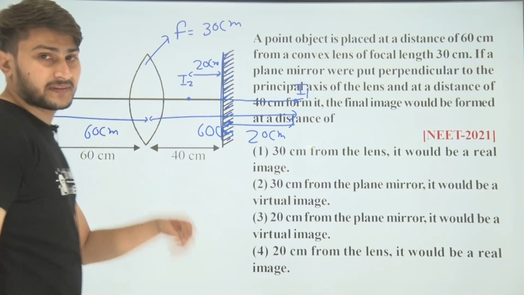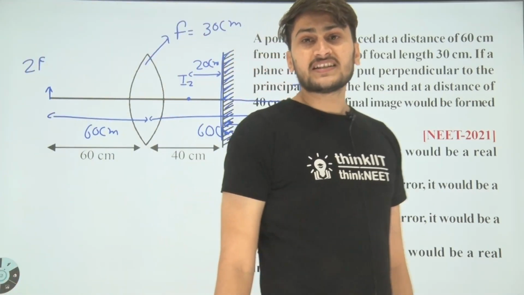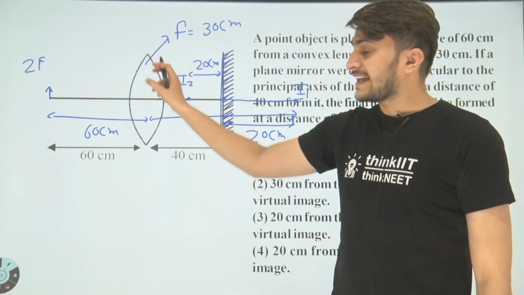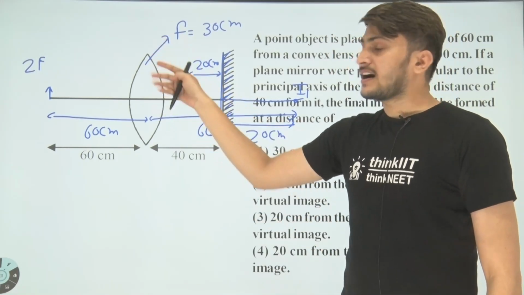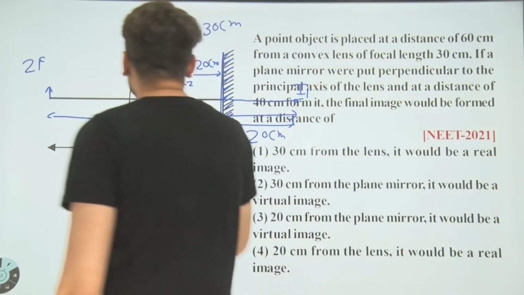Now this I2 image behaves like an object after reflection for the lens.